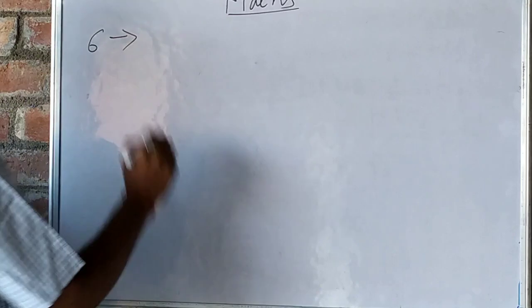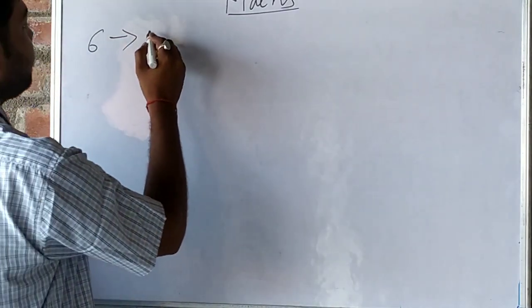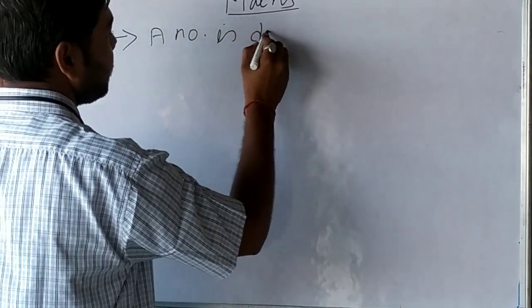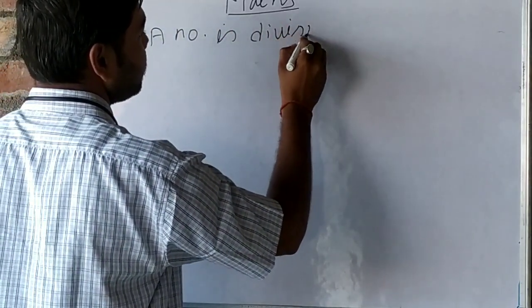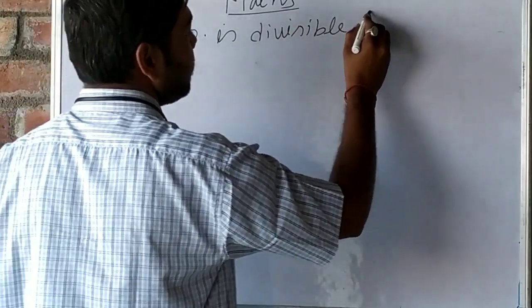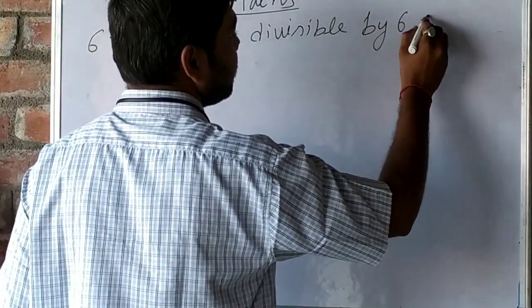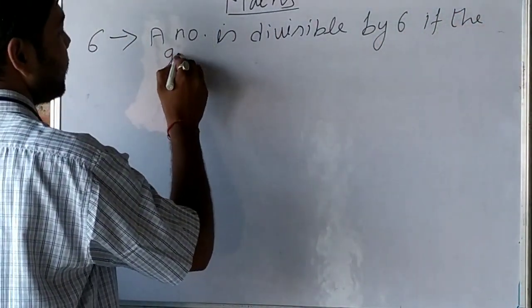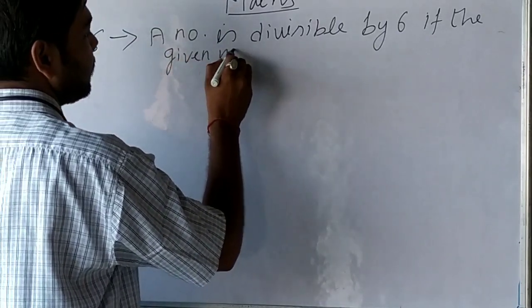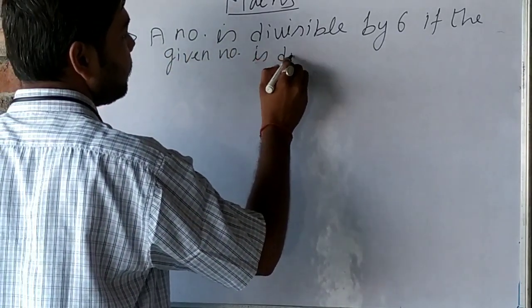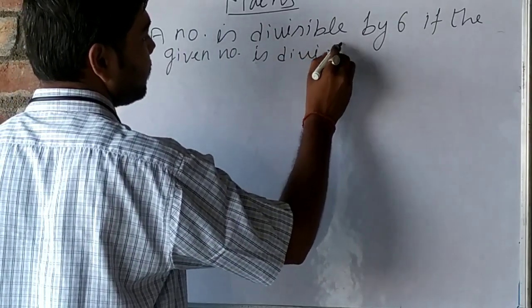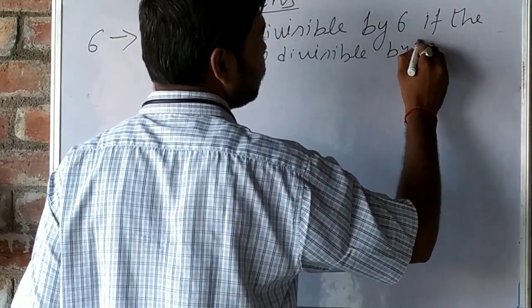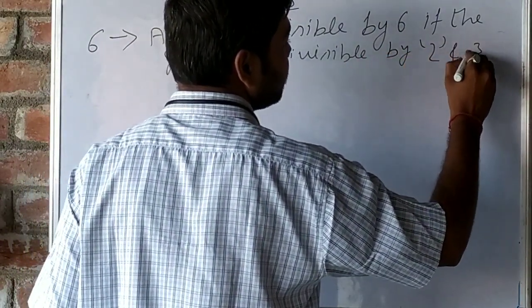So a number is divisible by 6 if the given number is divisible by 2 and 3 both.